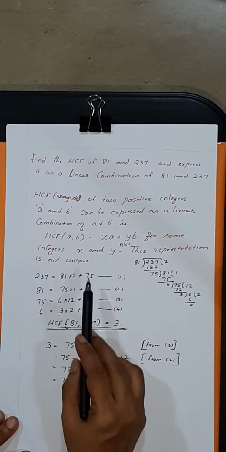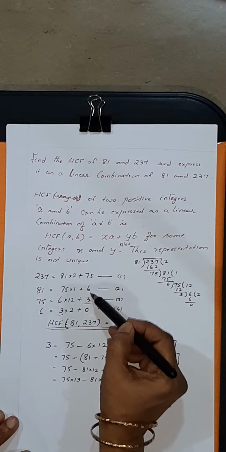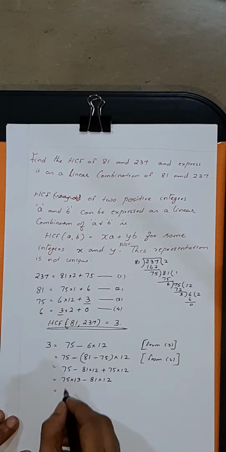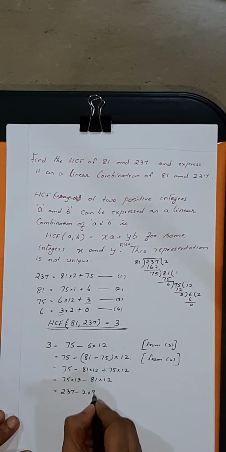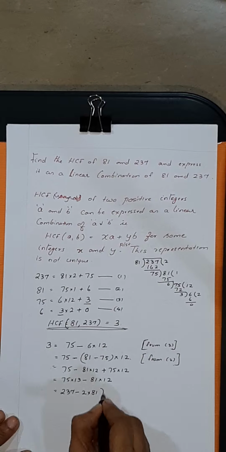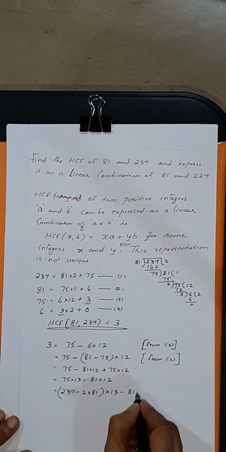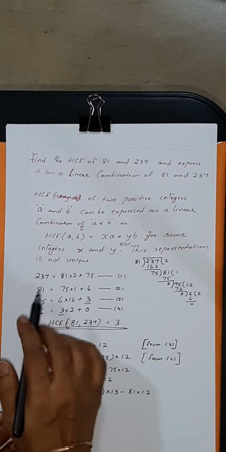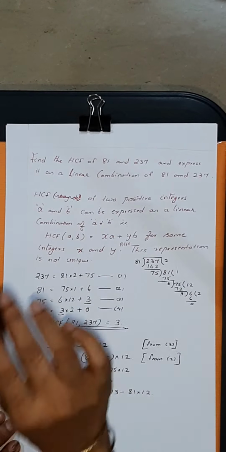Now I will convert this 75. So always remember to convert only these remainders. So 75 is equal to 237 minus 2 into 81, into 13, minus 81 into 12. Because ultimately we have to write it in terms of 81 and 237.